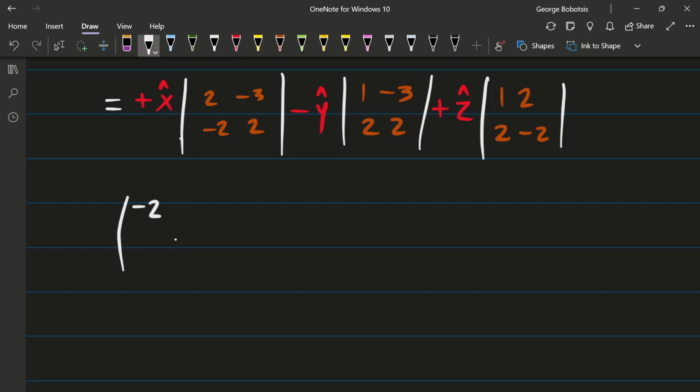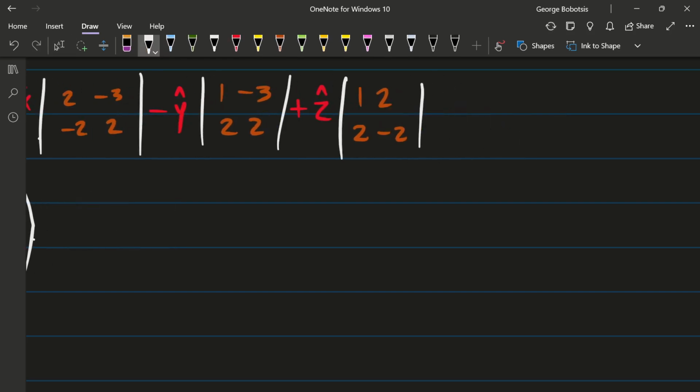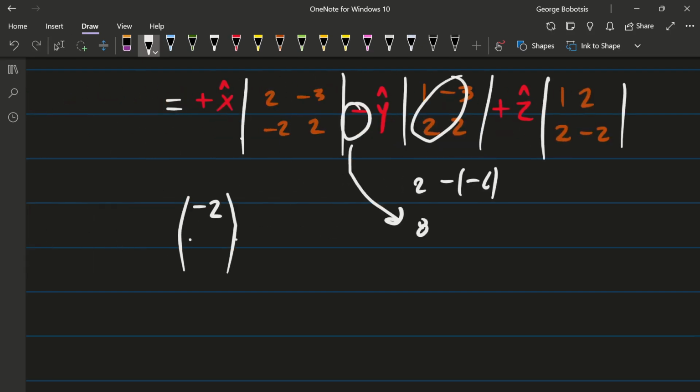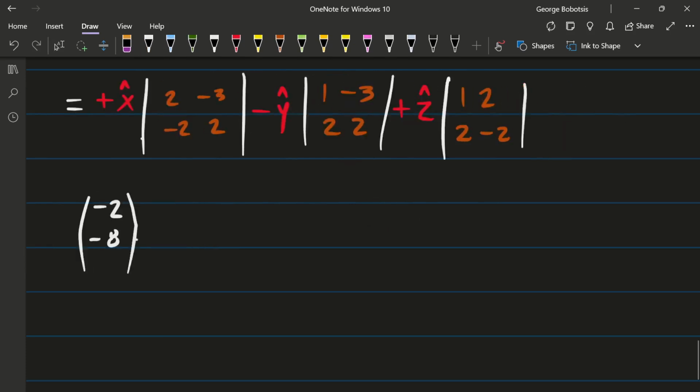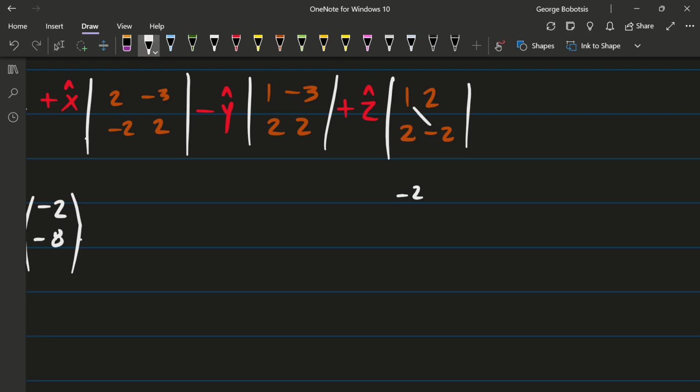What about the y component? Let's see. 1 times 2 is 2. This amounts to negative 6, and we're subtracting it. So it's positive 6 plus 2 is 8. But then you have a negative here, so it's negative 8. Boom, boom, boom. And then the last one again, negative 2.